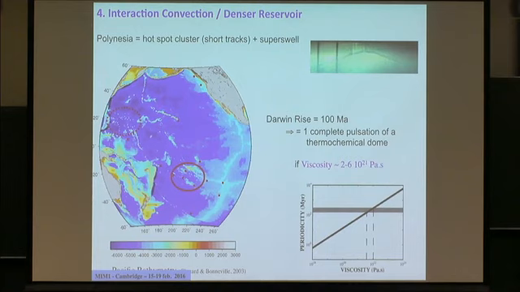And if we apply the scaling laws for this recurrence time, if I have to have a 100 million years recurrence time, it means that the viscosity of my mantle is between 2 and 6 times 10 to the 21 Pascal seconds. So this is not very far from the estimate of the viscosity in the mantle.